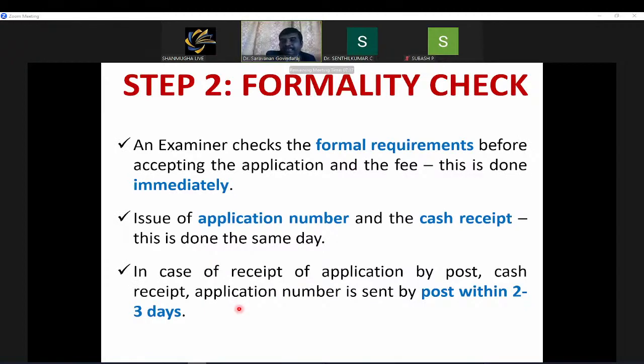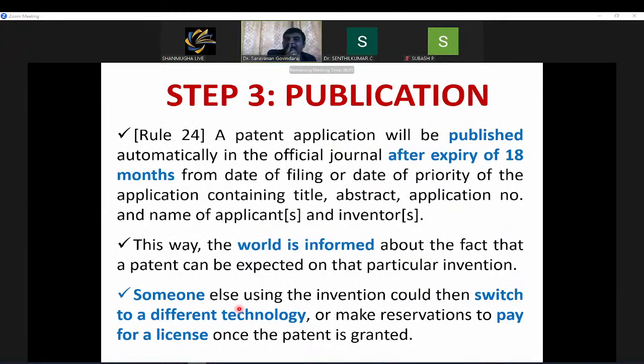And formality checks. Once you have submitted your application, they will formally check it, immediately acknowledge it, and allot an application number. Usually if it is online, it will be generated immediately. When you are applying through post, within 2 to 3 days they will send you the application number. And publication, as I told, is at 1.5 years.